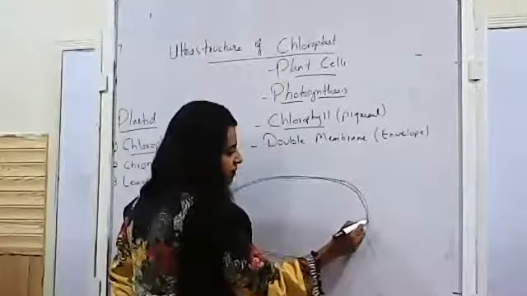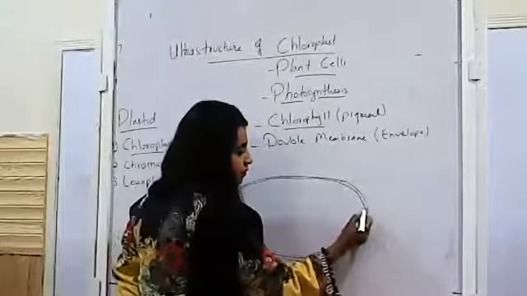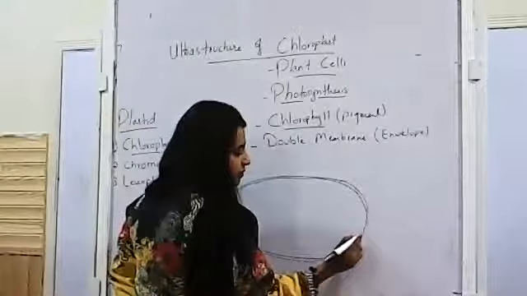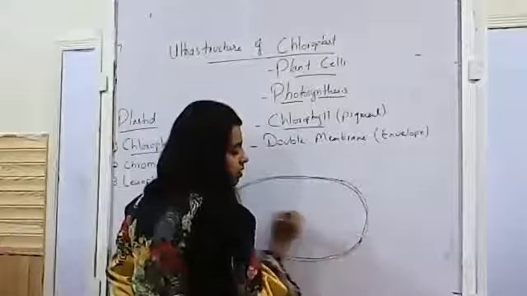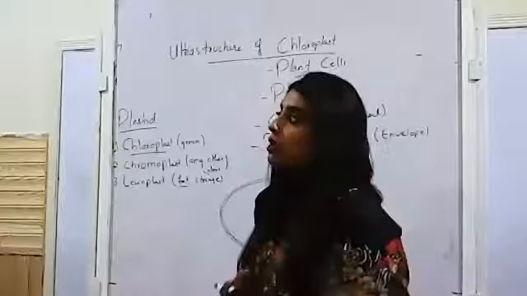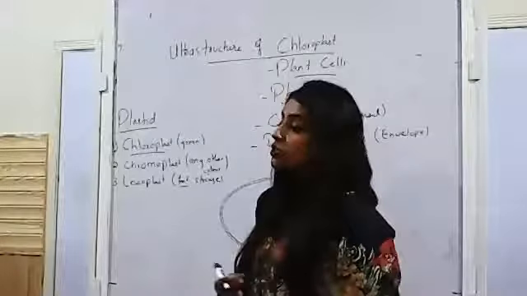Just like this, right? So it has a double membrane and a double envelope around it, just like mitochondria, because here also photosynthesis has to take place, so we need energy.